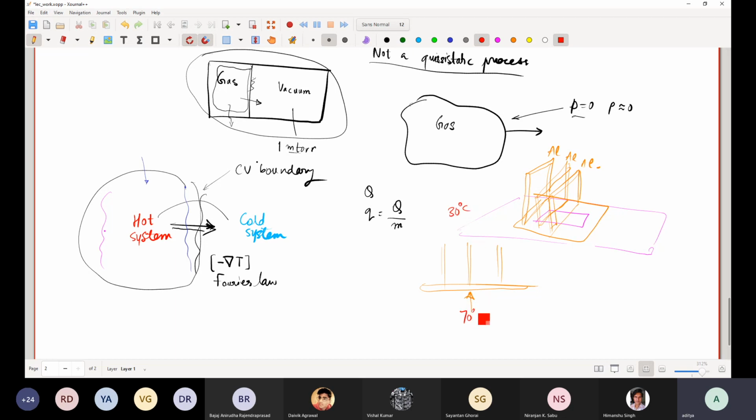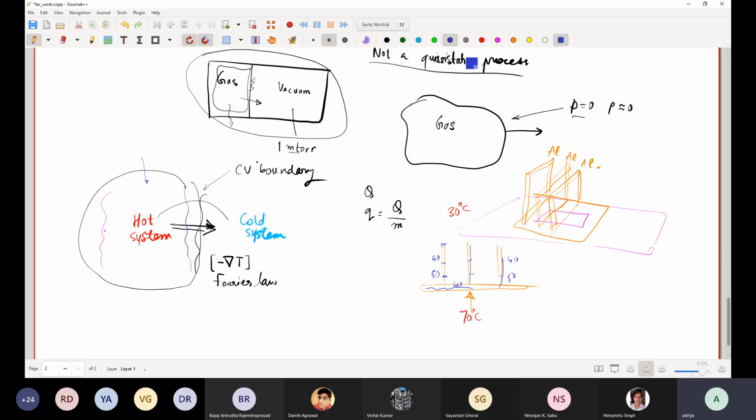So this may be 70 degrees Celsius and this 30 degrees. The microscopic study of heat transfer will tell you that the distribution of temperature is maybe 60 degrees over here, then 50 over here, then 40 over here, and finally the tip becomes 30 degrees.